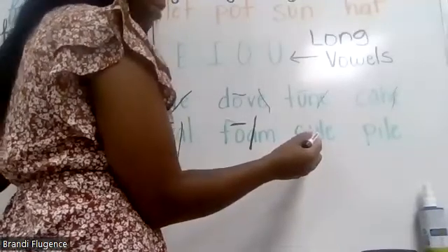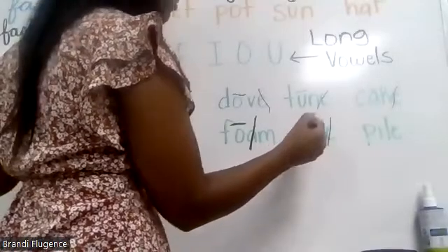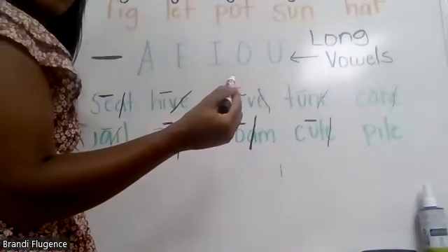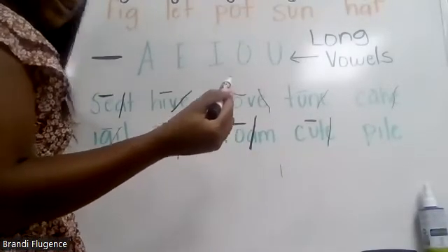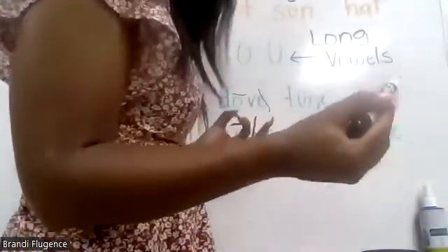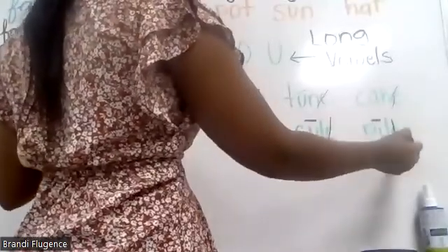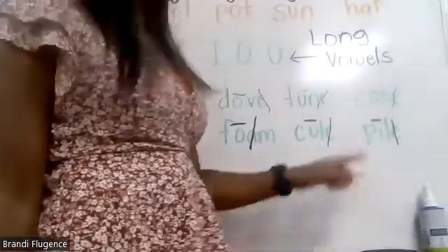Cross out the E and put the line over the U. What's the word? Cute. Good. And last one, put a line over I. Cross out E. What's the word, everybody? Pile. All right.